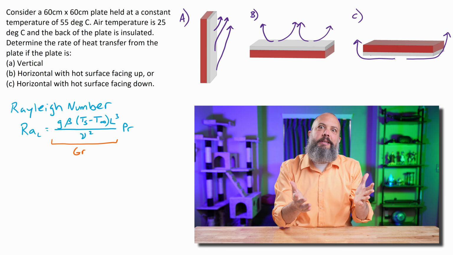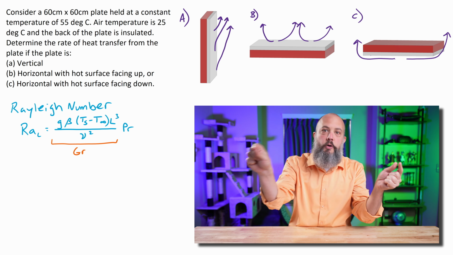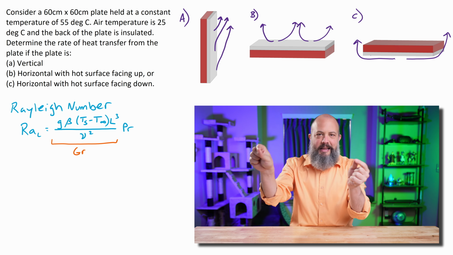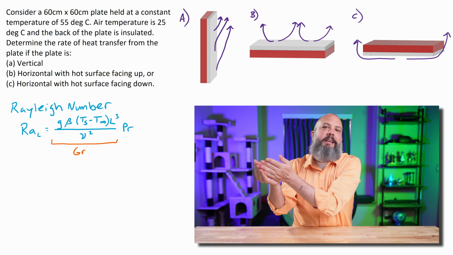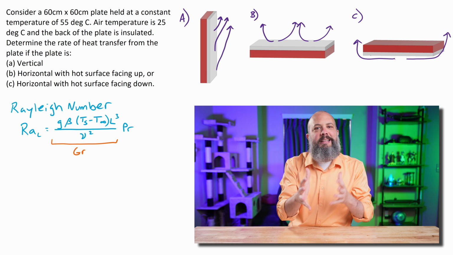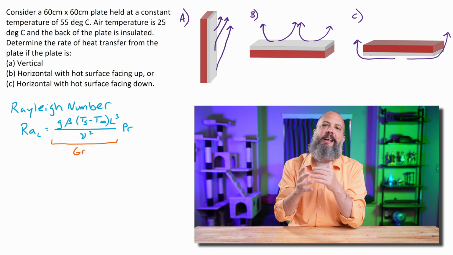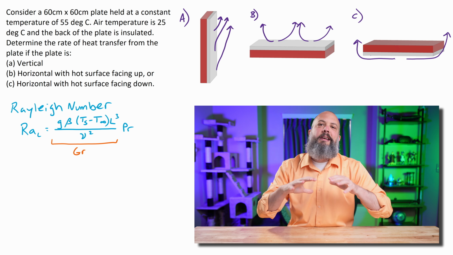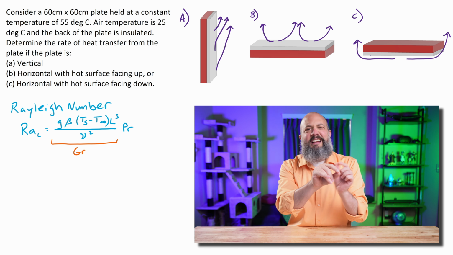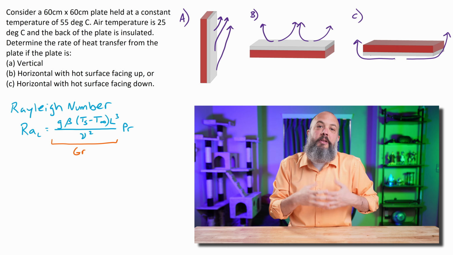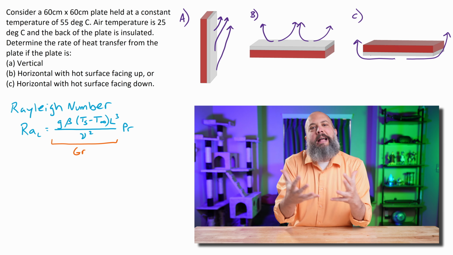And then the other part is the actual air molecules moving. If you have a hot air molecule touching the wall and it moves, right, that's how it can also take heat out. And so that is sort of the momentum portion. Prandtl number has to do with both the temperature effects and the momentum effects. So the Rayleigh number combines all of this: buoyancy, momentum, temperature conduction, and viscosity, kind of all into one. So that's why it really encapsulates natural convection.